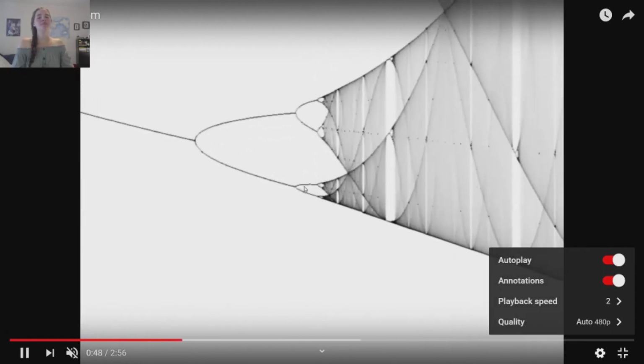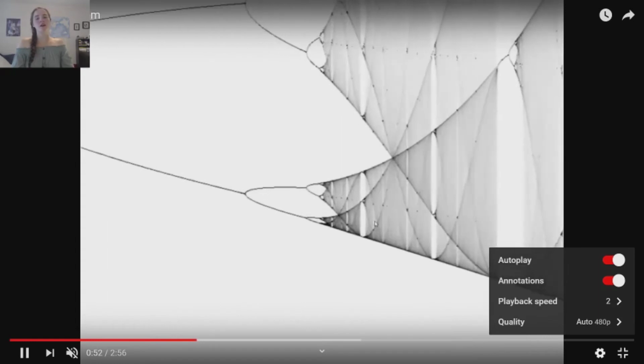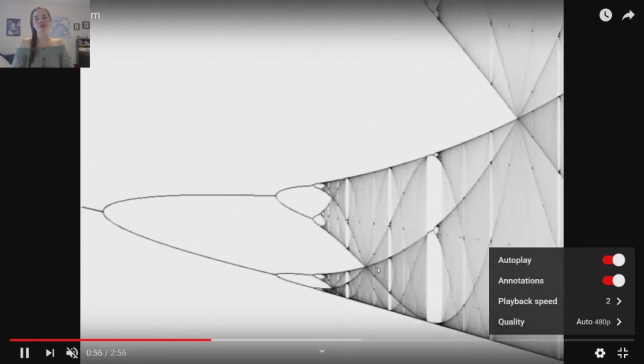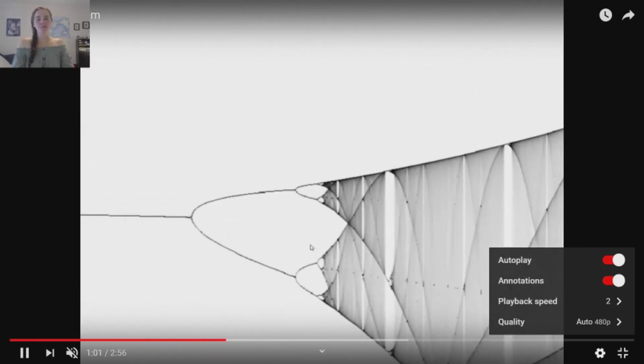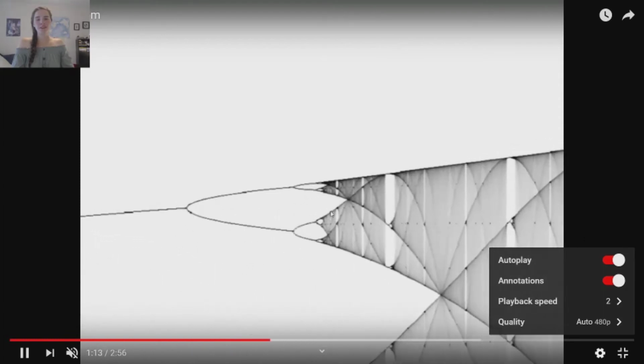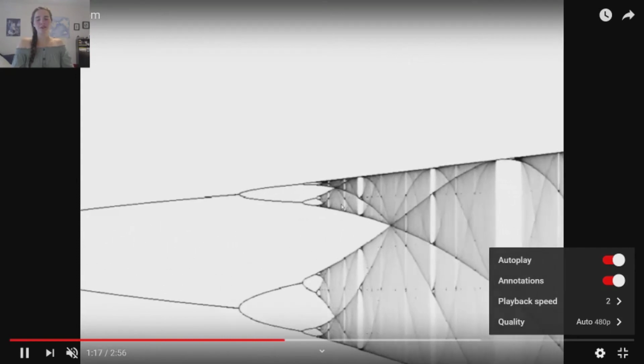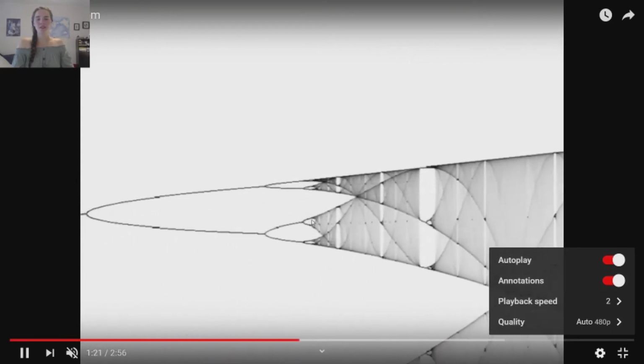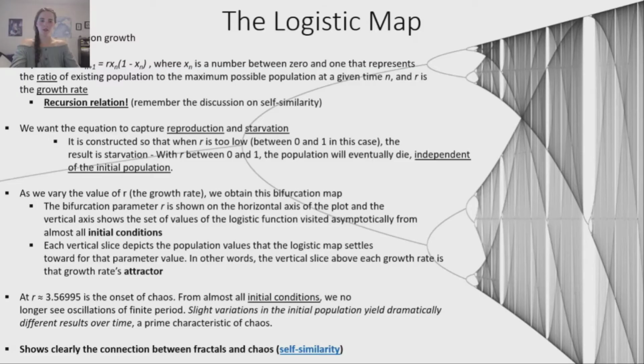And this happens in the chaotic regions of the logistic map. It doesn't happen anywhere else. Pretty crazy. You can do this an infinite amount of times and you're always going to get this self-similarity here.